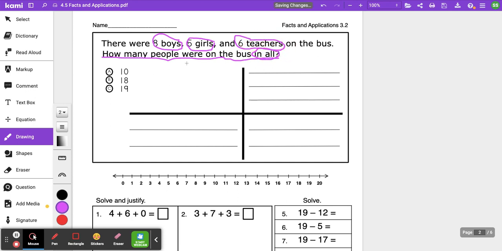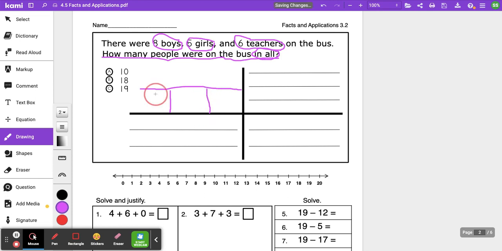Now, here I'm going to put my whole, but if you notice, it's not just part. How many parts do we have? 3. Boys, girls, and teachers. So we're going to put 3 sections here. Doesn't matter if you put the whole on the top or on the bottom.